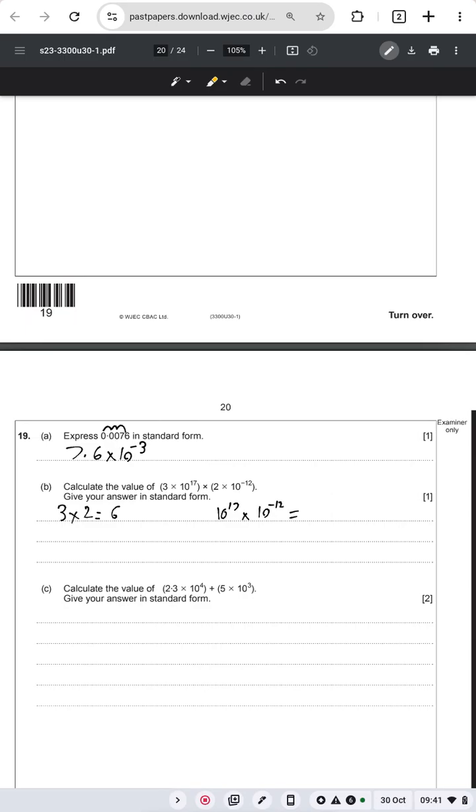So this is similar to the question where we had m to the power 4 times m to the power 3. We can add across the powers because it's to the same base. So we got 17 add minus 12, which is 5. So we combine this together to give 6 times 10 to the 5, which is 600,000.